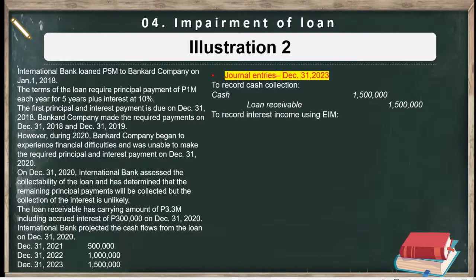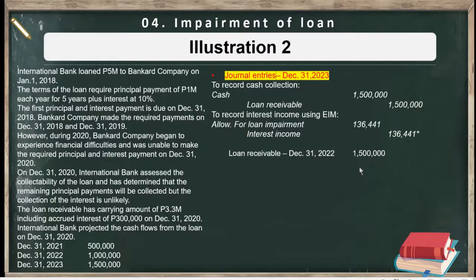Then to record the interest income using the effective interest method, that would be debit to allowance for loan impairment and then credit interest income. That's 136,441. So how do we get this one? The loan receivable remaining is 1,500,000 as of 2022.